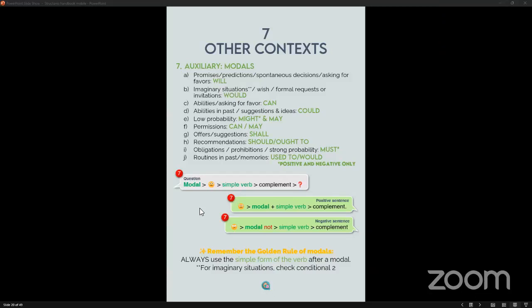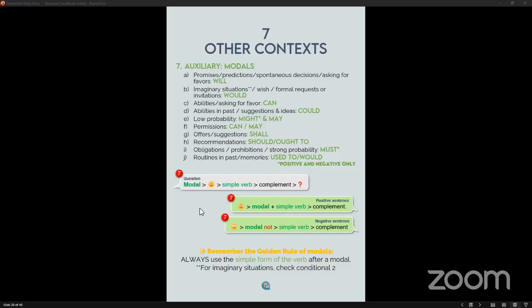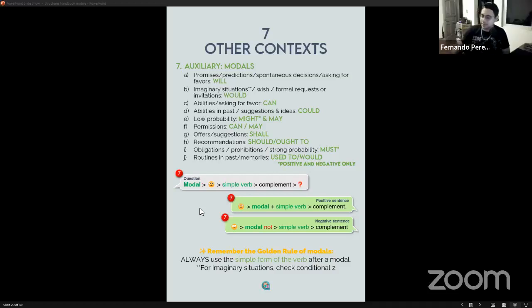But can I use used to and would, or do I need to use would for memories and used to for routines in past? Technically, in this case, both are the same. It can be the same because you're telling a story. Telling a story is using both used to and would.